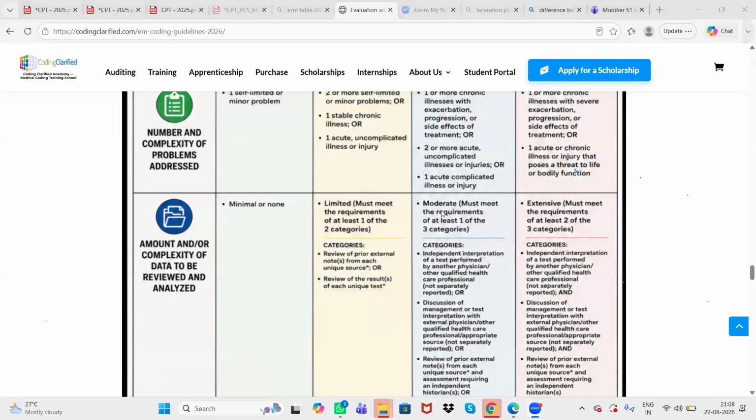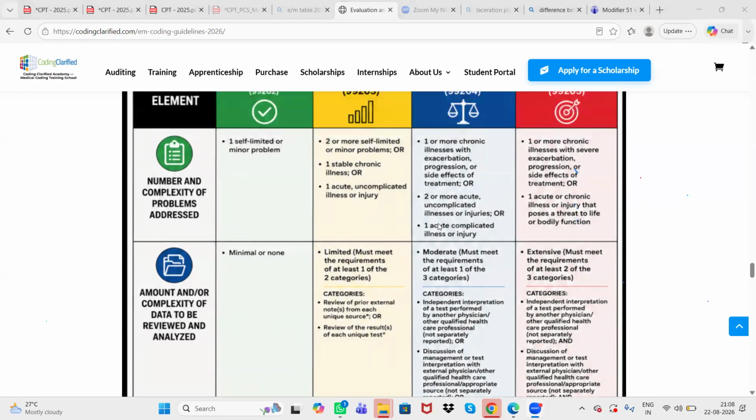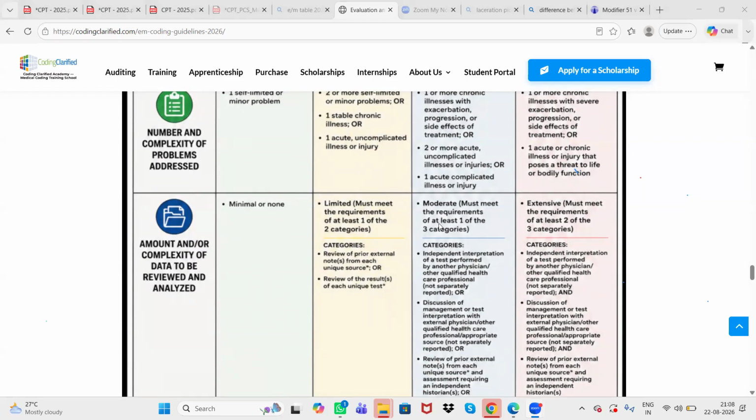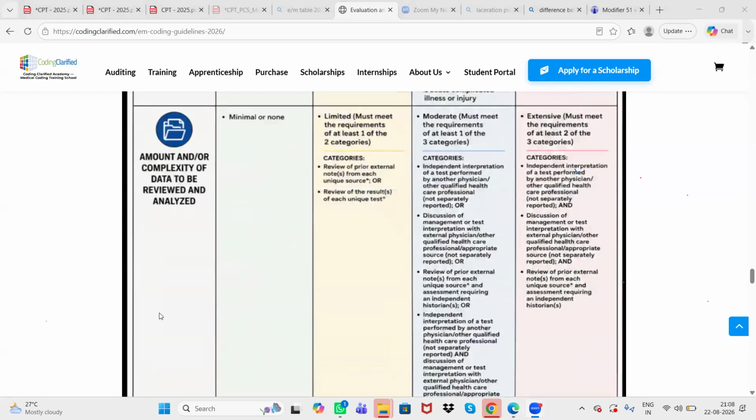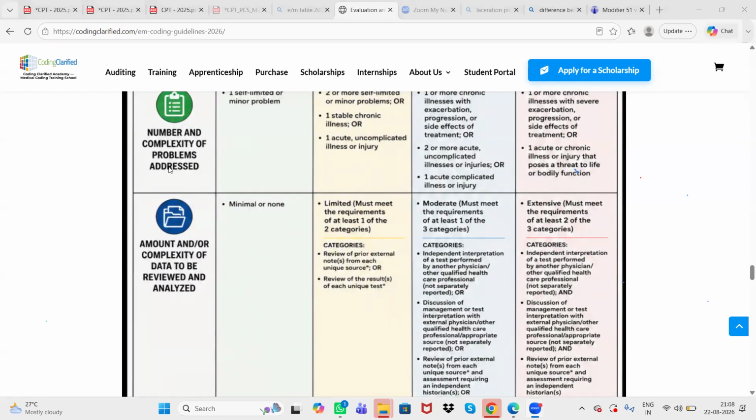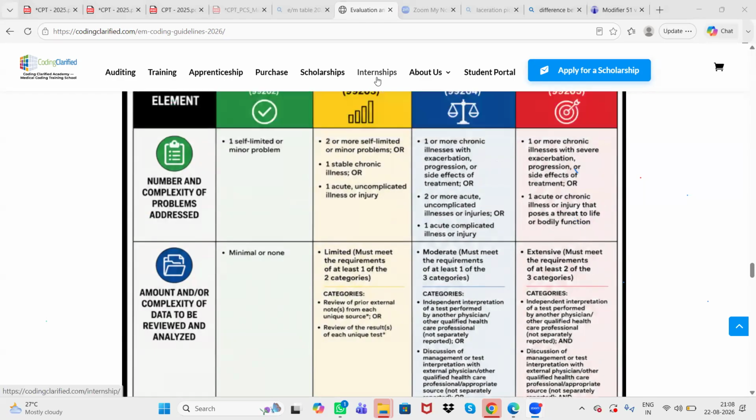Here we have the table, the ENM table, like the medical decision making table. In this table we have three categories. The first is number and complexity of problems addressed, COPA.